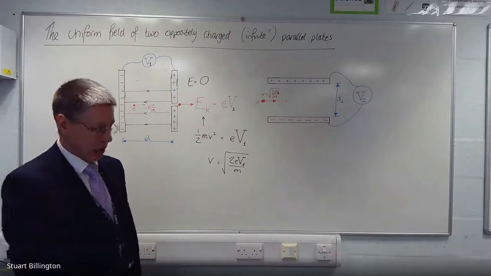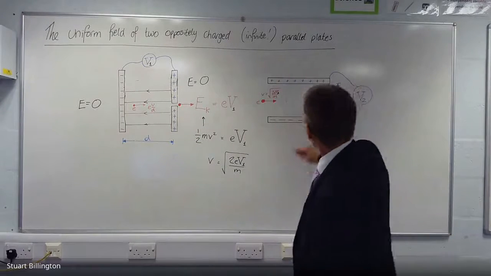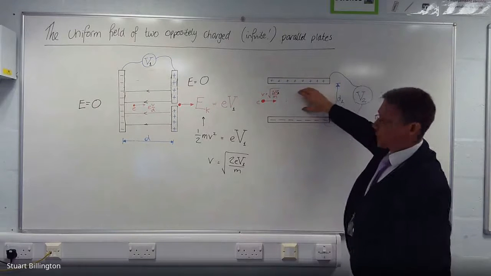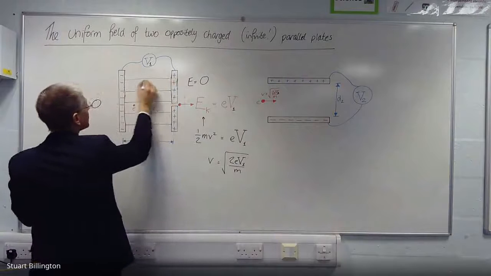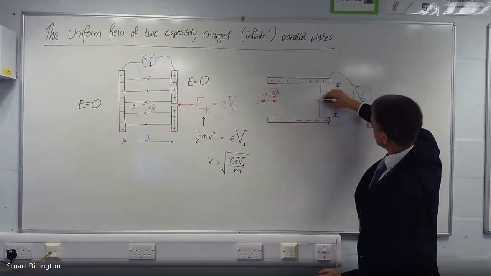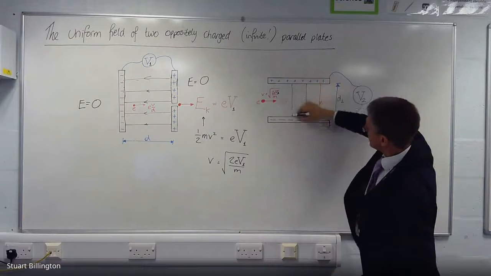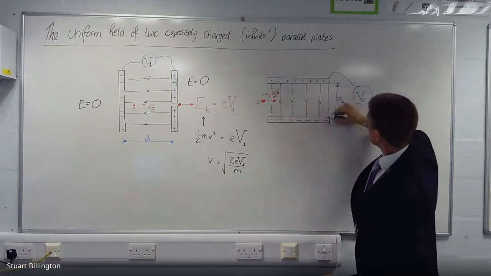Now this electron, when it comes flying into this region, again is going to experience an electric field. And just like this electric field, it's going to run from positive to negative, and it's going to be nicely evenly spaced because it's a uniform field again.